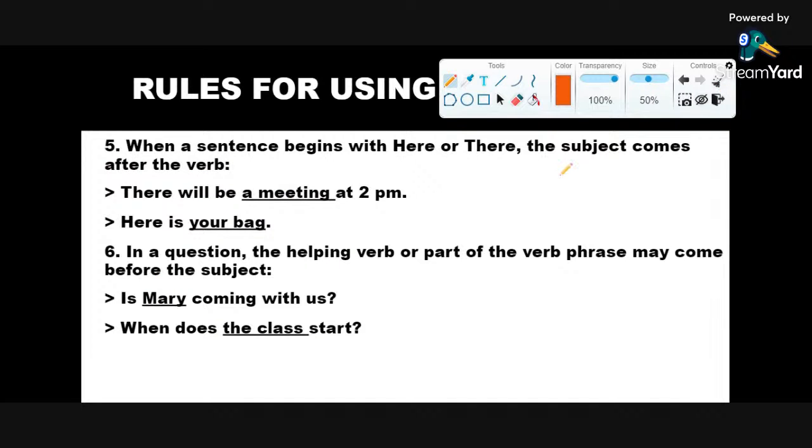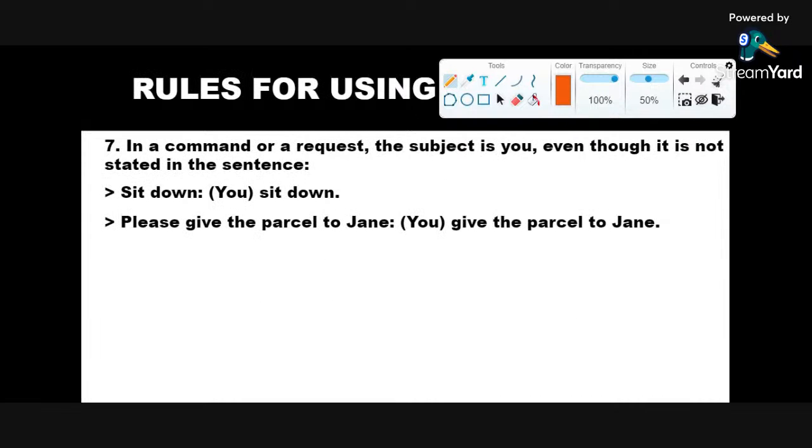So we are now going to look at the rules for using the predicate. Well, we have one more rule for using the subject, and that is number 7. In a command or request, the subject is you, even though it is not stated in the sentence.